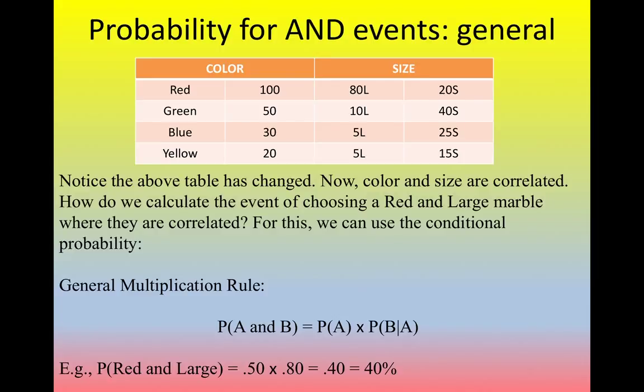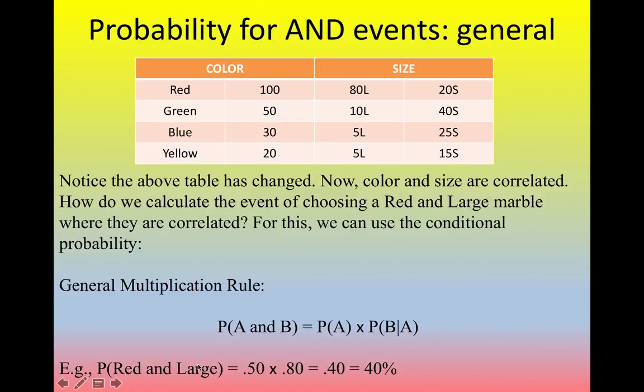To determine this, multiply the probability of pulling a red marble by the probability of pulling a large marble given that it is red. So let's see how we do this here. This is the general multiplication rule for any and statements. In this case we're looking at the probability of red and large.